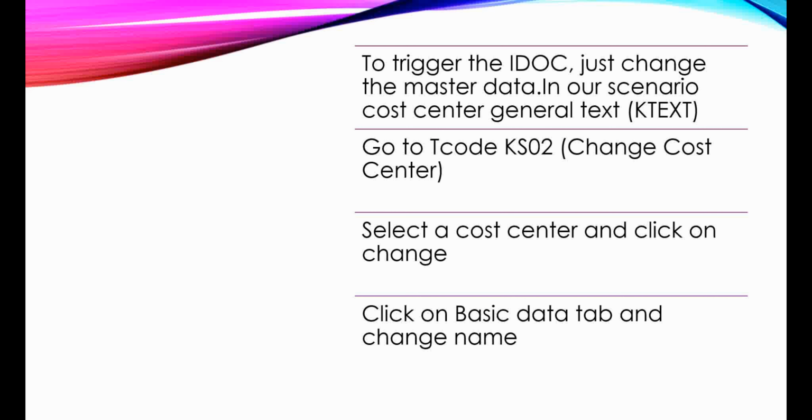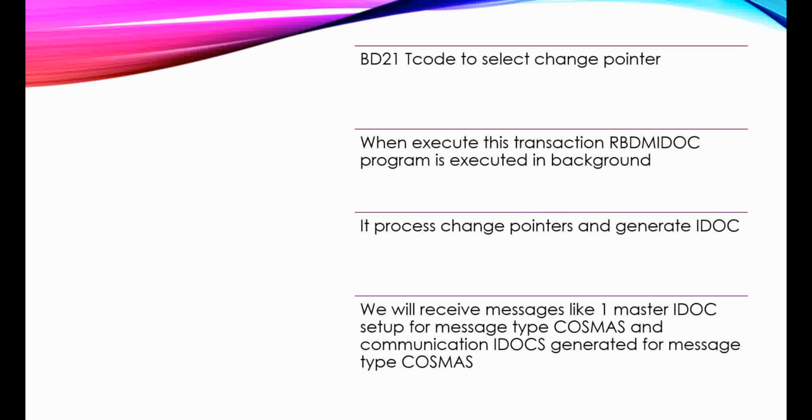Whenever we change the cost center name, for example from NDC cost center to NDC cost center 1, change pointers will automatically be triggered and stored in the table. After saving the cost center, just go to transaction BD21.